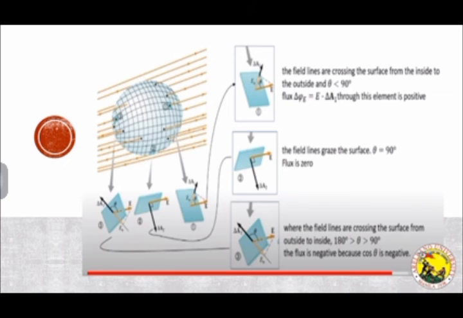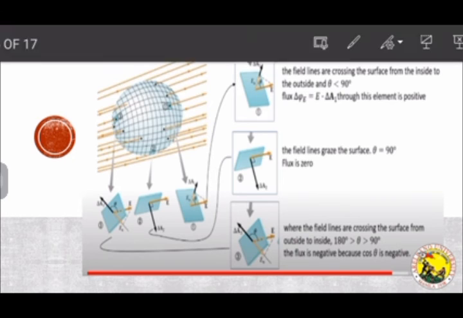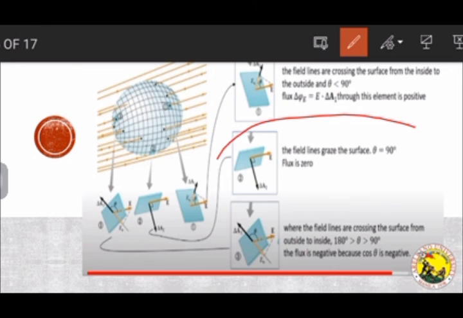At the element labeled 1, the field lines are crossing the surface from the inside to the outside and the angle is less than 90 degrees. Hence, the flux through this element is positive. For element 2, the field lines graze the surface, which is perpendicular to the vector delta A sub 2.